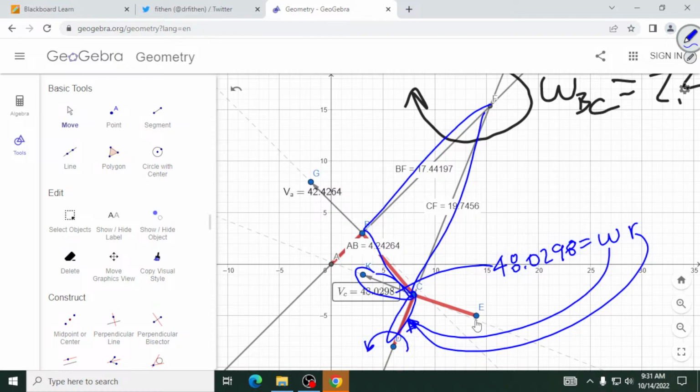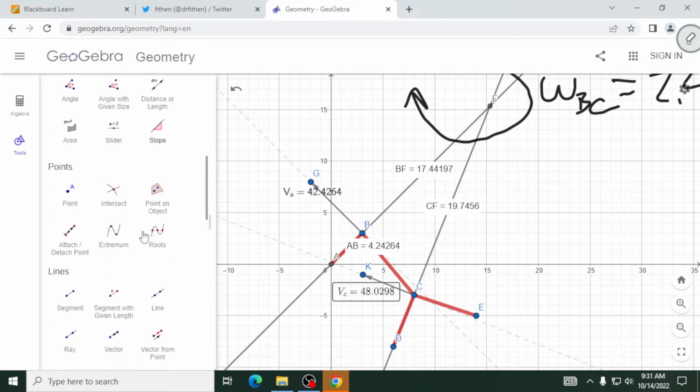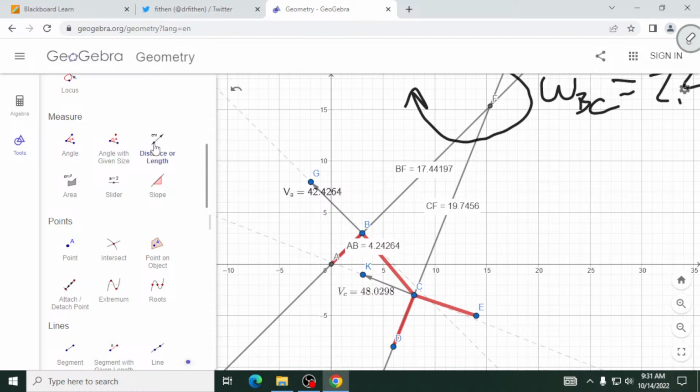So now I got to go find that. Now, it's true I can use, what's that? Wait a minute. Pythagorean's thing, but I have these distance calculations, so what I'll do is just use those. So I'm going to find the distance from D to E, and I just saw it. There it is.